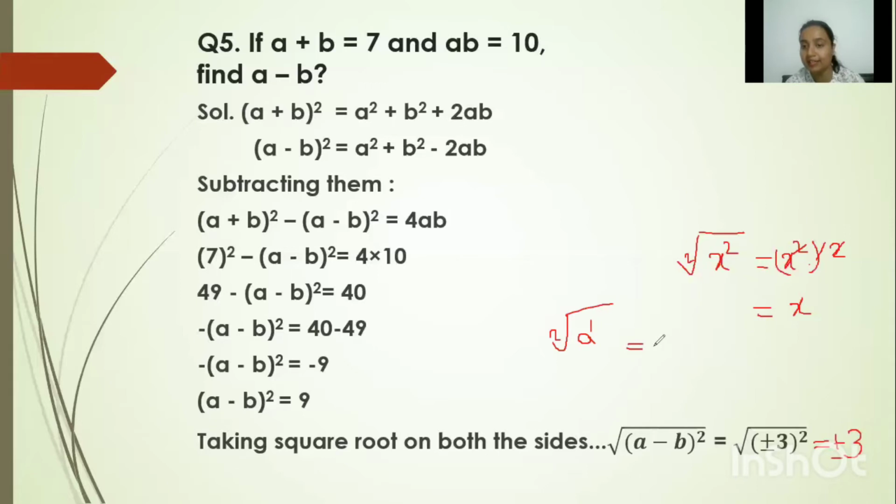If you open this root, you'll get 1, this power divided by this 2. So this is the reason the square root and square get cancelled, right? So never get confused. Always be informed what you're doing and why this answer is coming, right?